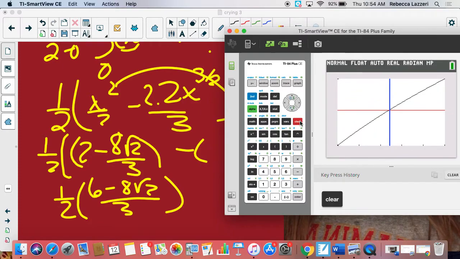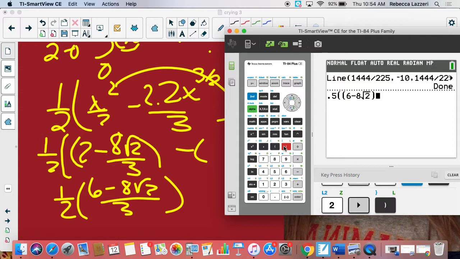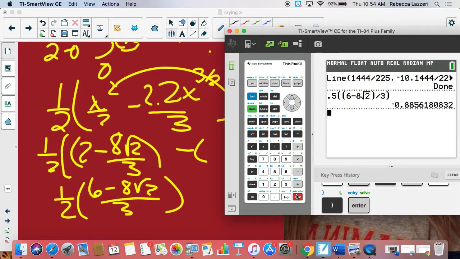So we get 0.5 times 6 minus 8 root 2 over 3. Is that right? Yeah, that's what I got. Okay, and then you want to know where your equation equals that.